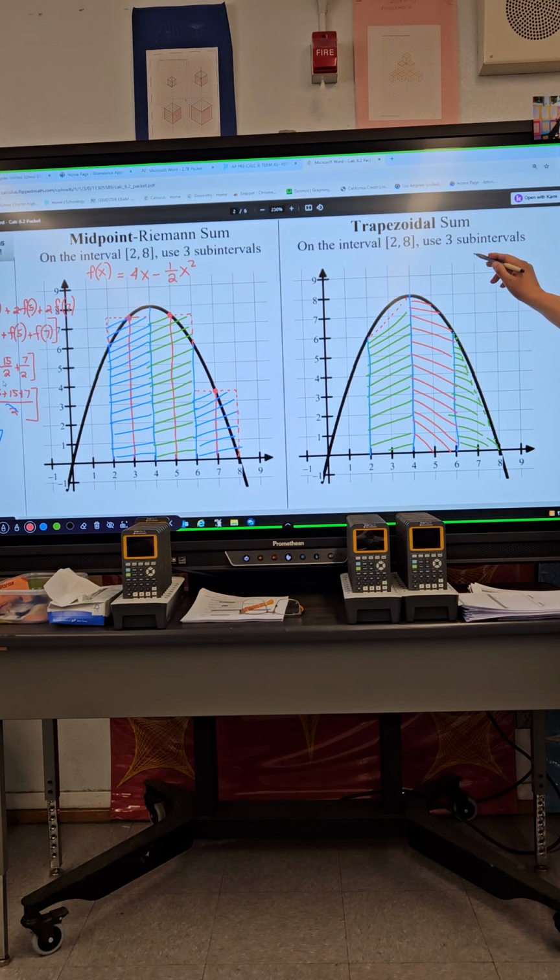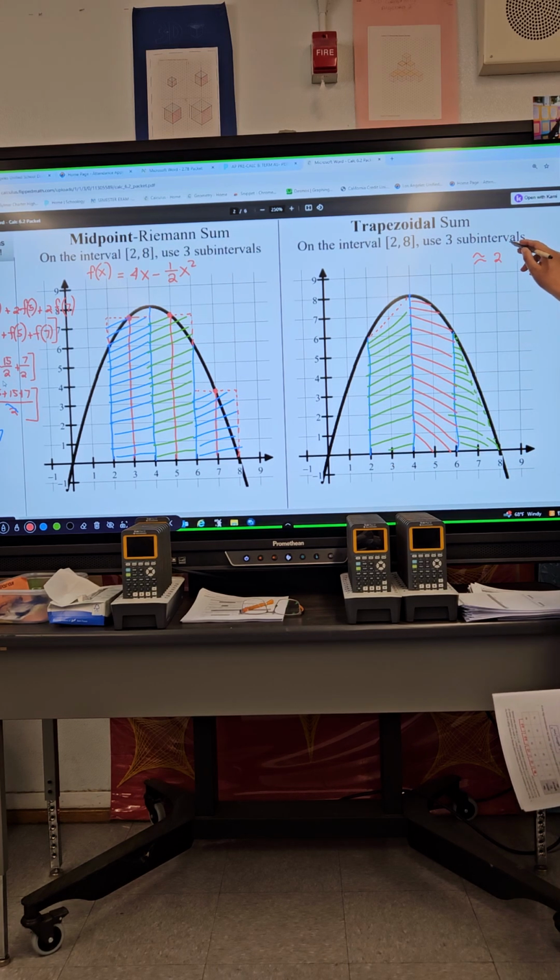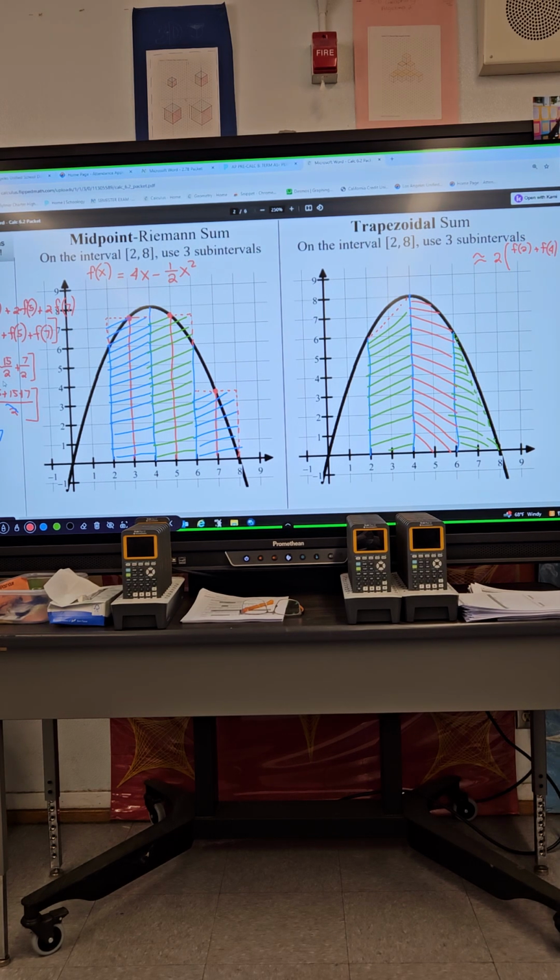So, approximately, what is the height? 2. And then f of 2 plus f of 4. Am I right, guys? I need more space, so can I scroll up? Yes, that's cool. I need more space, so I have to do it at the bottom.